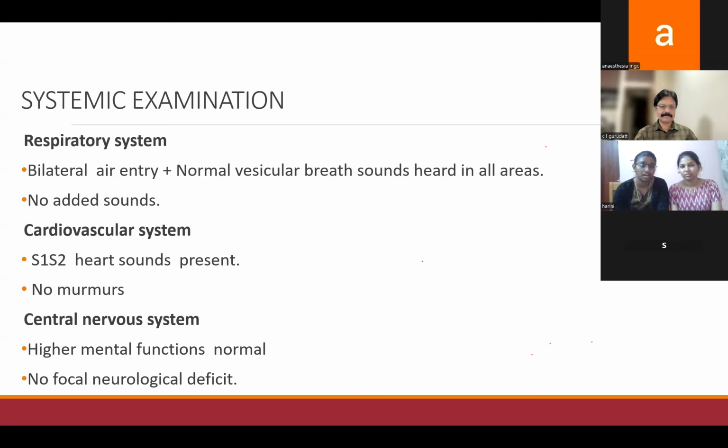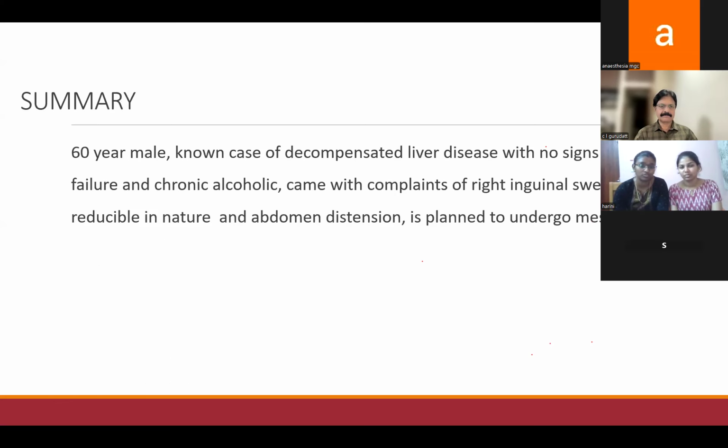Central nervous system: higher mental functions normal and no focal neurological deficit. Summary: 60-year-old male, known case of decompensated liver disease with no signs of liver cell failure and a chronic alcoholic, came with complaints of right inguinal swelling, reducible in nature, and abdominal distension, is planned to undergo hernioplasty.